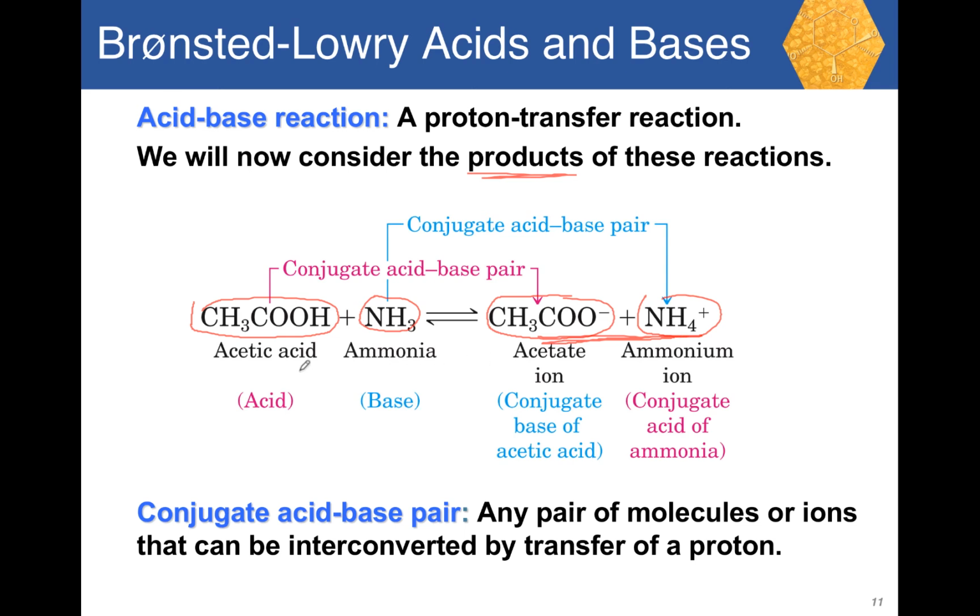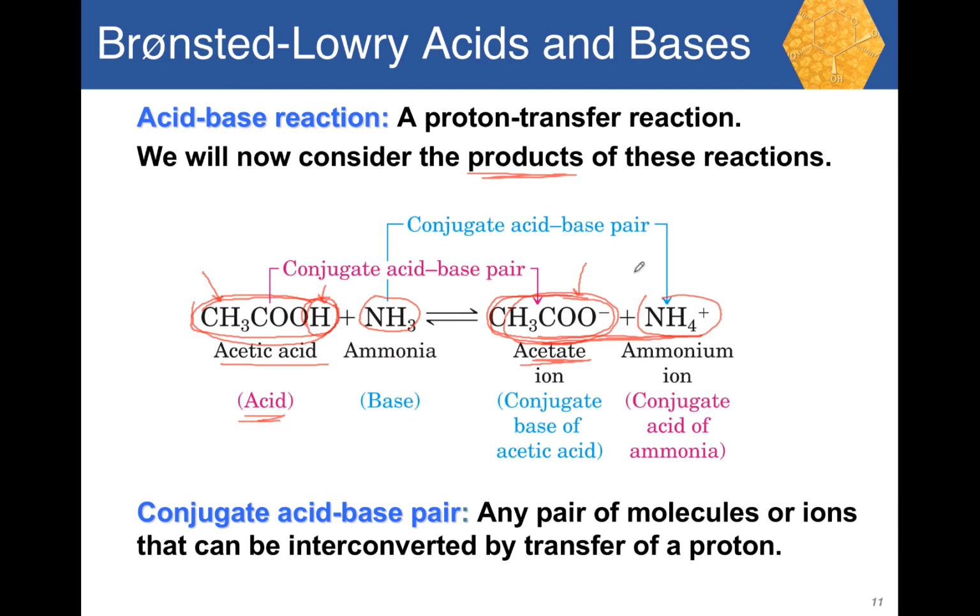So let us look again at the reaction. Acetic acid, as you know, is an acid because in going from reactant to product, it gave up a hydrogen. So it's a proton donor, it's an acid. The same acetic acid converts to an ion called the acetate anion. Here, the only difference between the acetate anion, the product, and the acetic acid, the reactant, is that the hydrogen is gone.